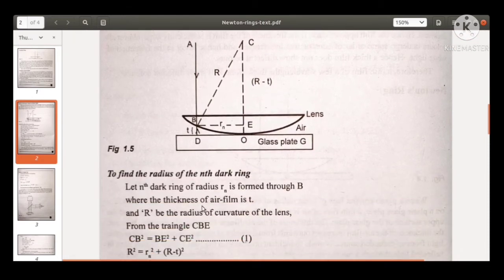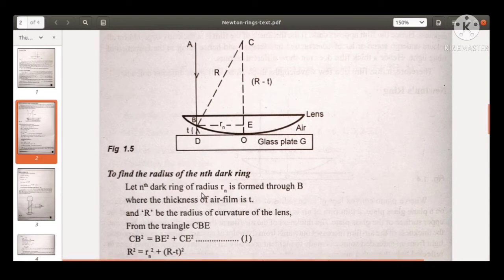So we have seen this picture. In order to find the radius of the nth dark ring, at this point we will get a dark spot and surrounding this alternate bright and dark fringes, which are concentric in nature.